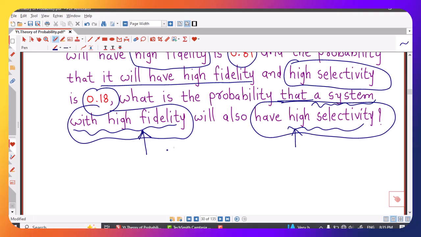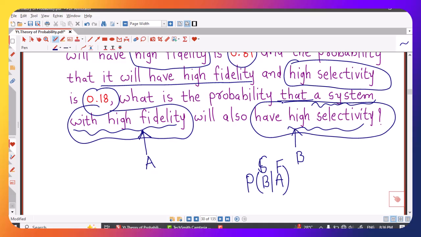So we define event A as system with high fidelity and event B as system with high selectivity. With these notations, we have to find the probability of B given A. B means the system will have high selectivity and event A is the system will have high fidelity.